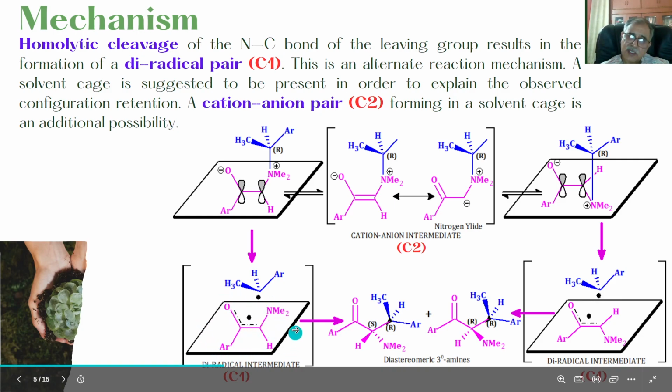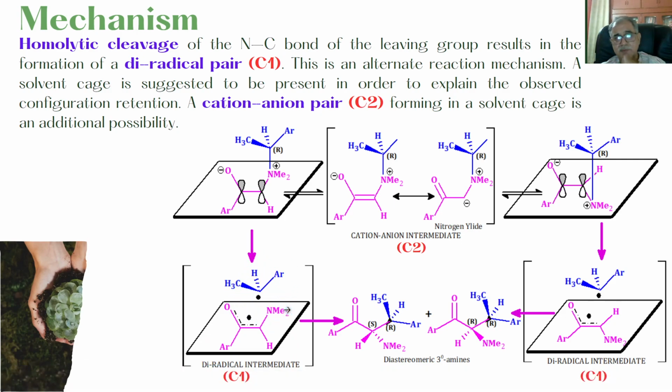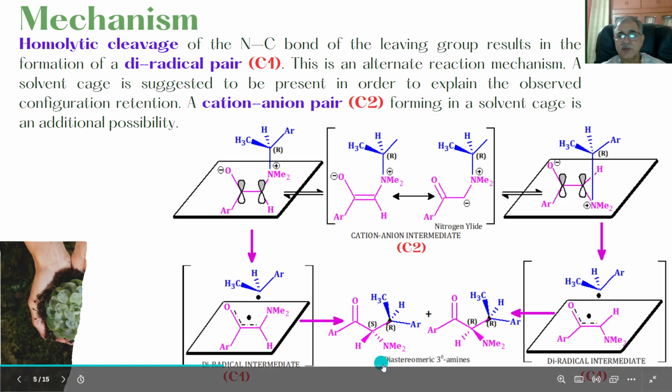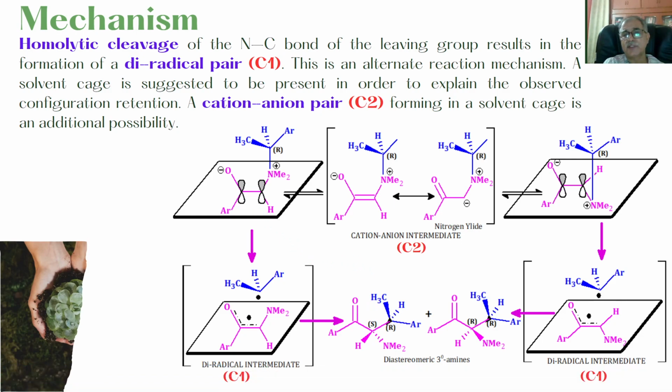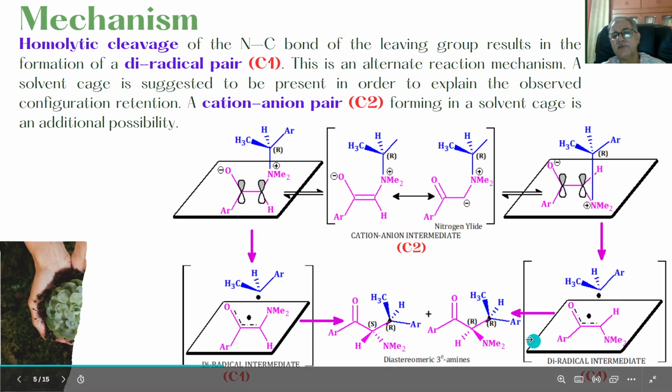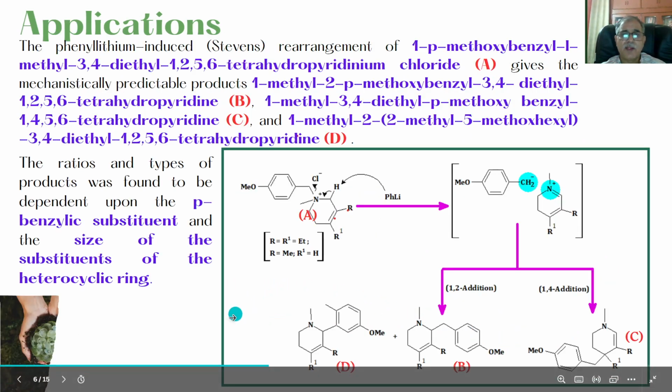So basically we will get a diradical intermediate formed, and then combination of this diradical intermediate can take place to give us diastereomeric tertiary amines as the product. So this is how the formation of different types of products in Stevens rearrangement can be explained through homolytic cleavage forming a diradical intermediate.